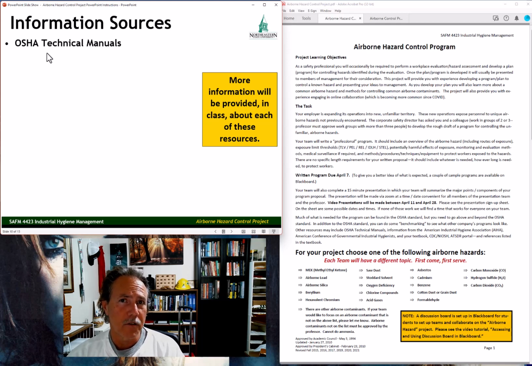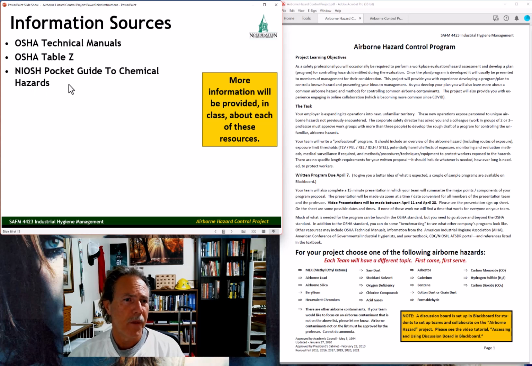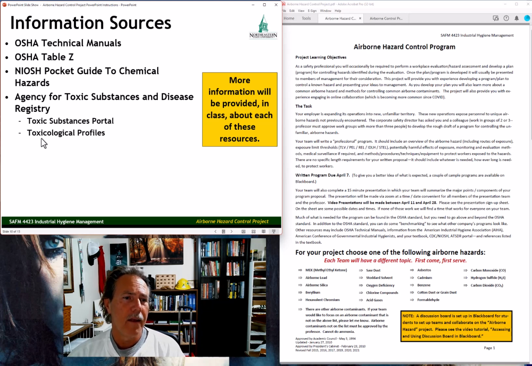But one information source that you could use would be the OSHA technical manuals, OSHA Table Z, which has information about a lot of workplace hazards, a lot of workplace chemical hazards, including airborne hazards, the NIOSH Pocket Guide to Chemical Hazards, the Agency for Toxic Substances and Disease Registry, more specifically the Toxic Substances Portal, and the toxicological profiles that are put together by this agency.